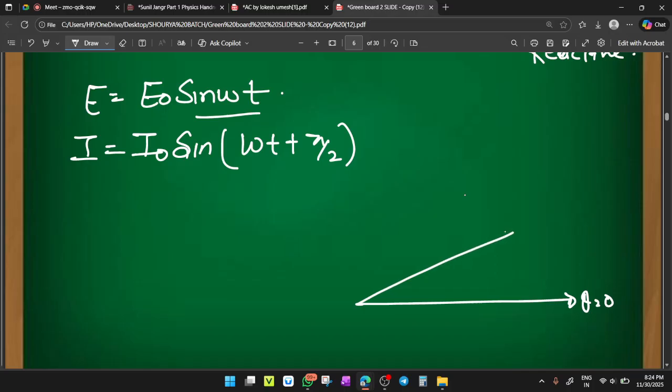At an angle omega t from it, there is a phasor for the applied voltage or EMF. But your current is pi by 2 ahead.